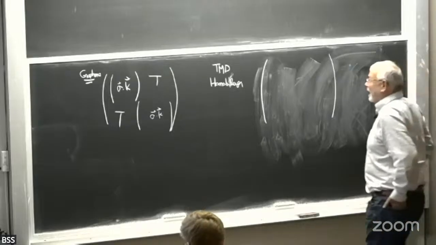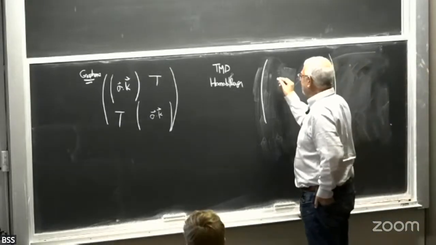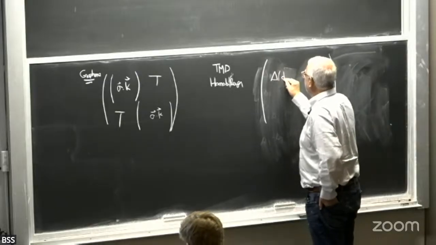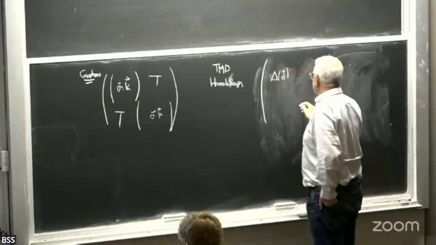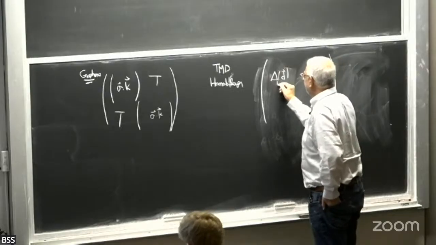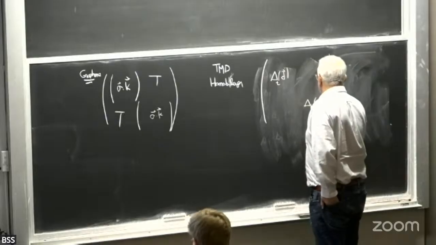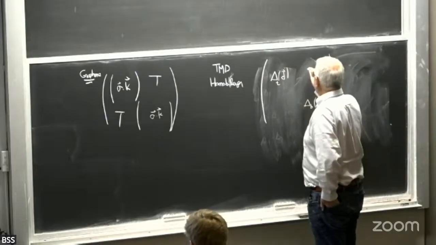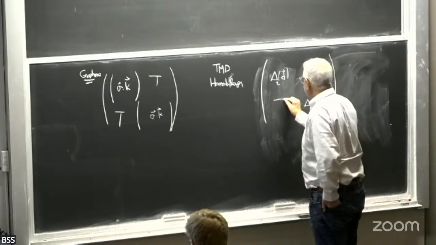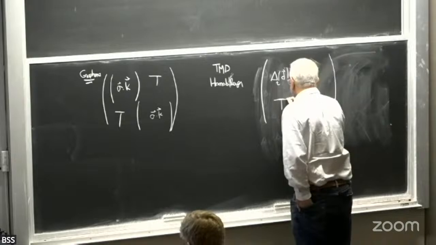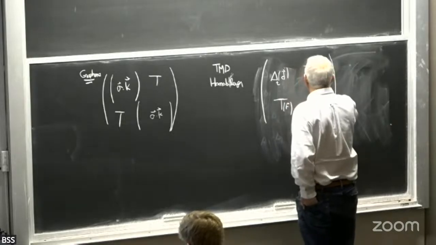And so now we want a 2x2 Hamiltonian that depends on stacking. And let's say this is the top layer. And then we have some tunneling function, which in this approximation is going to be a local function.